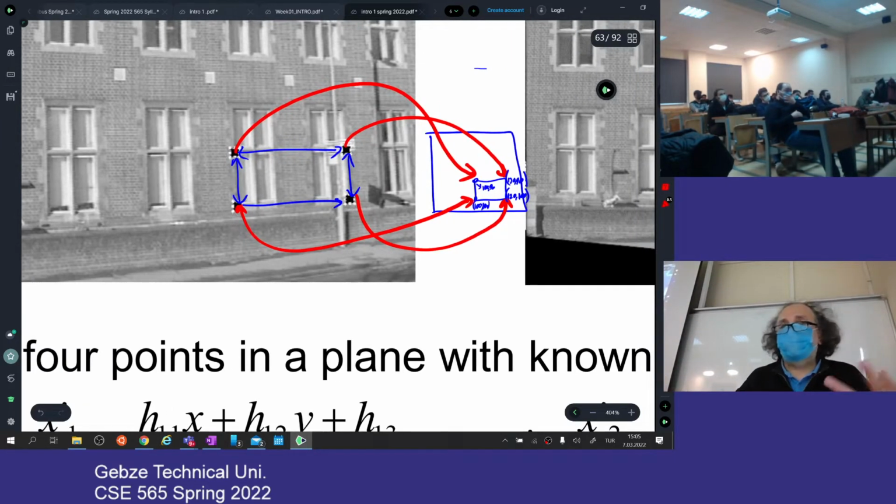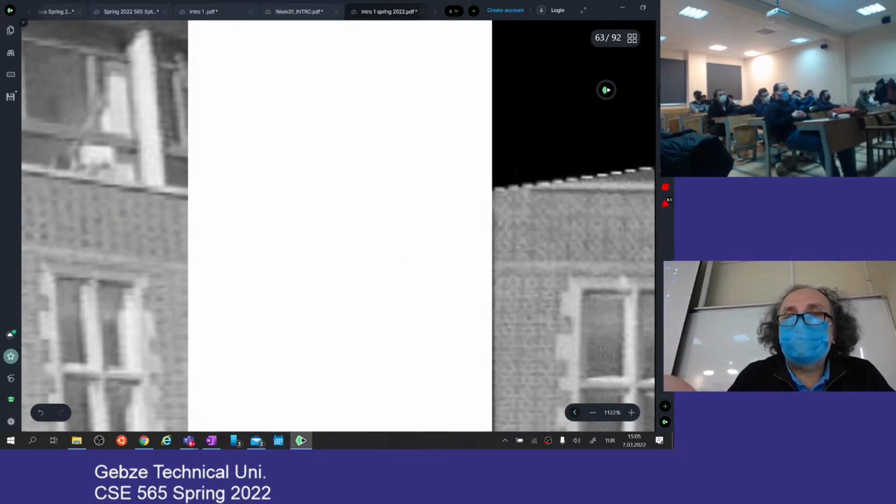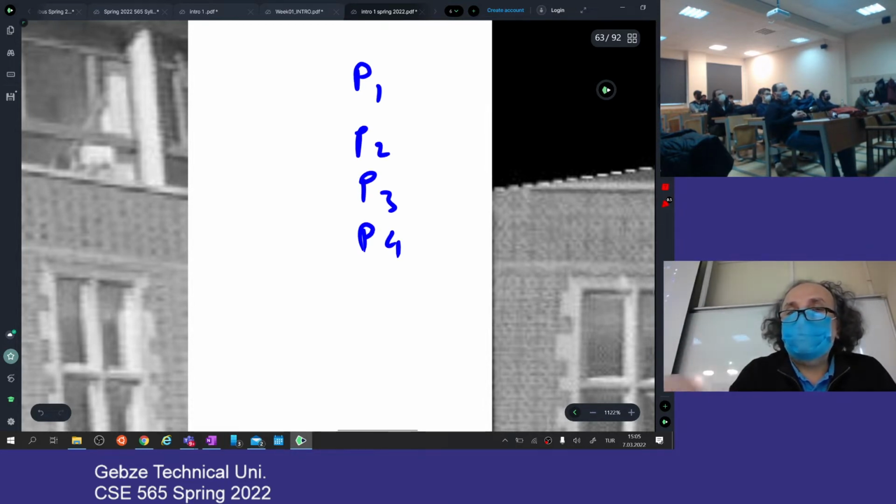So I have 4 points, and I should define what my points are: P1, P2, P3, and P4. I know that when I multiply this P1 with this H, whatever that H is, I should get 100 by 100, right?